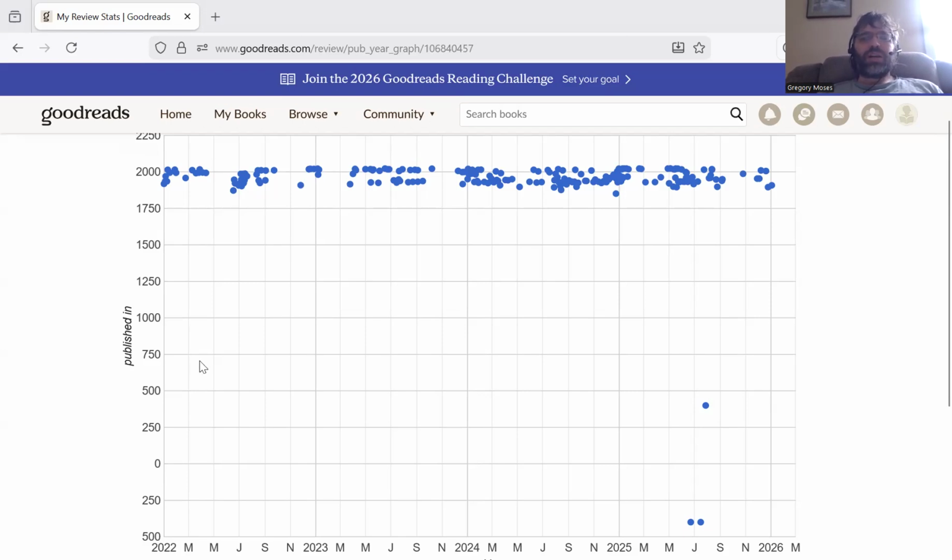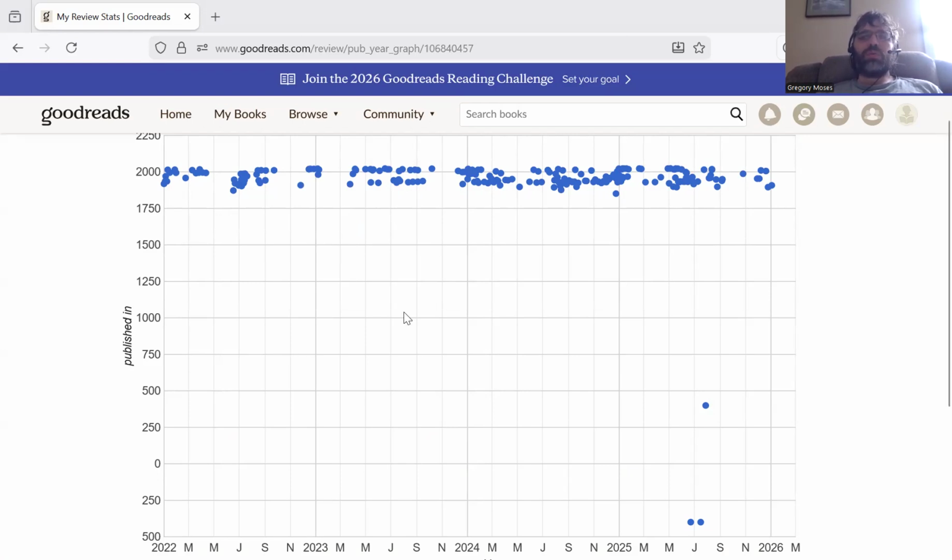All the books I've read seem to be sort of in this band. But all that's really telling me is that they're somewhere between 1750 and a little after the year 2000.